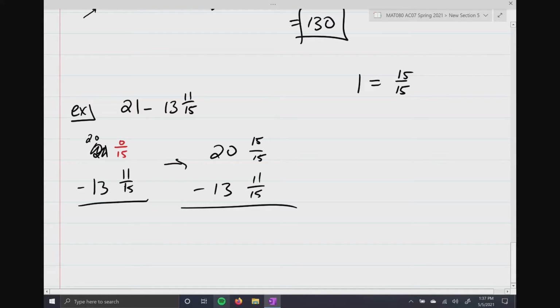So now we have 20 and 15/15 minus 13 and 11/15. Denominator's the same. I can go ahead and subtract. 15 minus 11 is 4/15. And 20 minus 13 is 7. You always want to make sure that your fractions are reduced. In this case, it is.